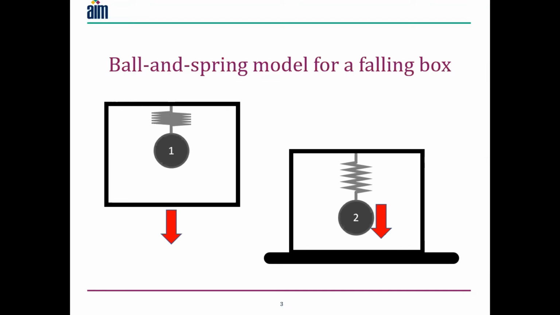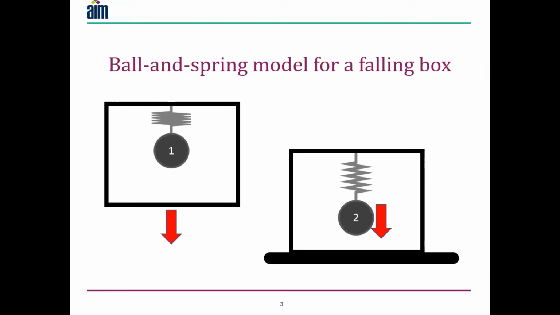The box has now stopped, but the ball, the weight, is continuing down because it has momentum. And what's going to happen now is it's going to start stretching that spring. And that spring really represents all the forces that hold together and make up the physical properties of your product.